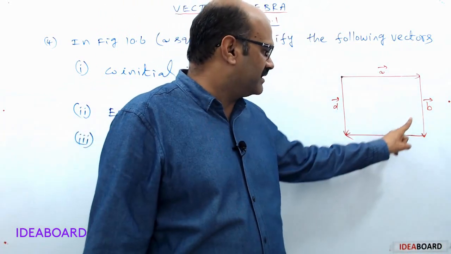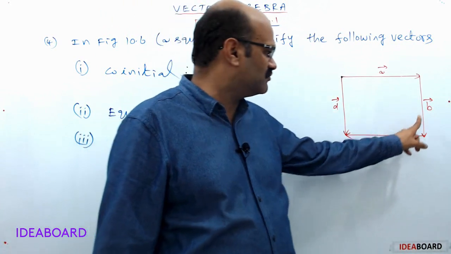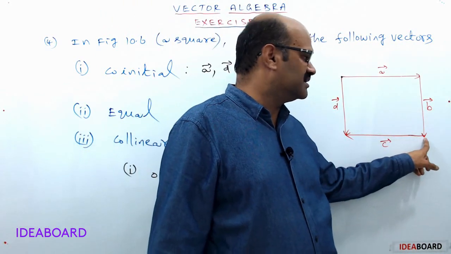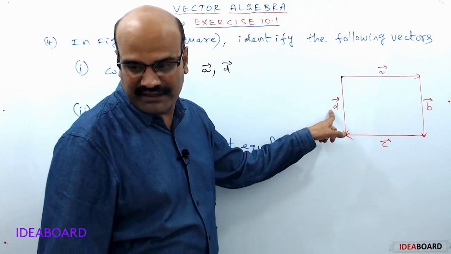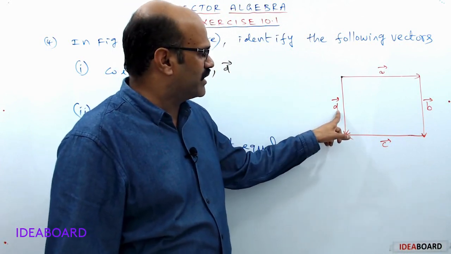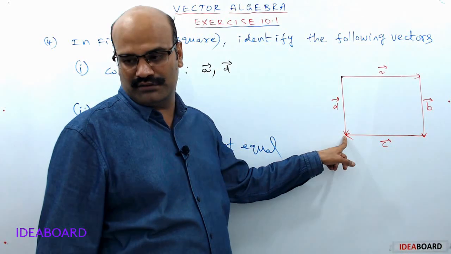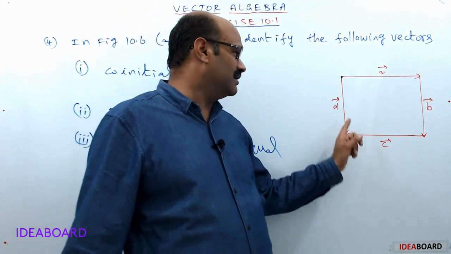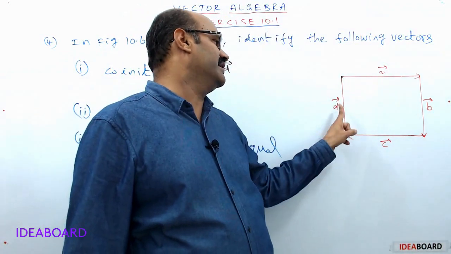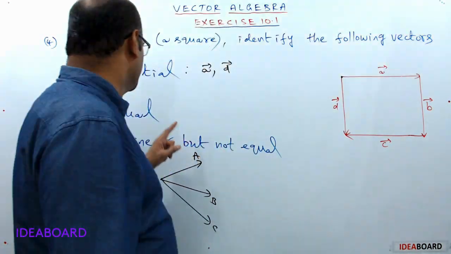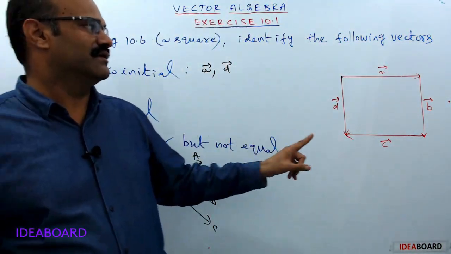Now B vector and C vector, these two also don't have the same initial point. Similarly, take C vector and D vector, these two also don't have the same initial point. So clearly from the diagram we conclude that A vector and D vector are co-initial vectors.